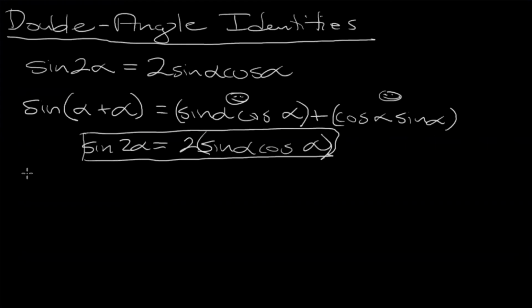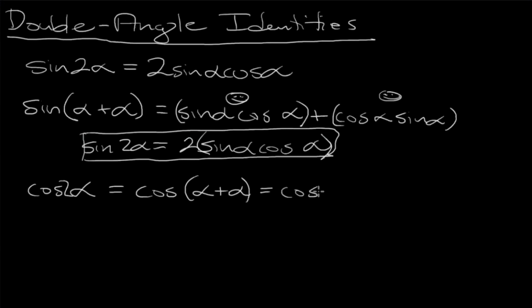Now, I can actually do the same thing with cosine of 2 alpha by breaking it apart as cosine of alpha plus alpha, which if I go to the sum and difference identity would be cosine of alpha times cosine of alpha minus, because remember cosine has the opposite operator, and then sine of alpha, sine of alpha.